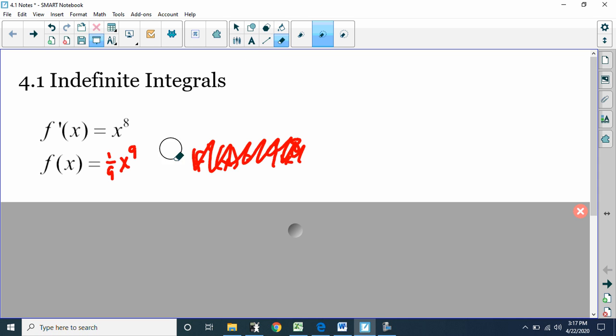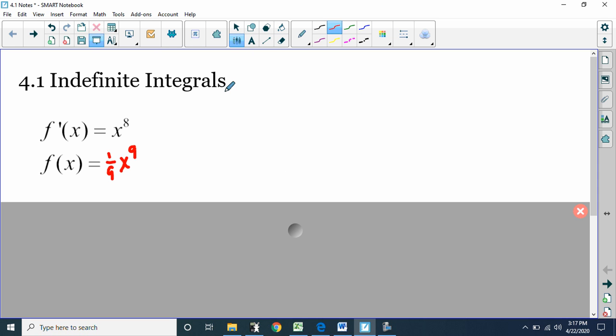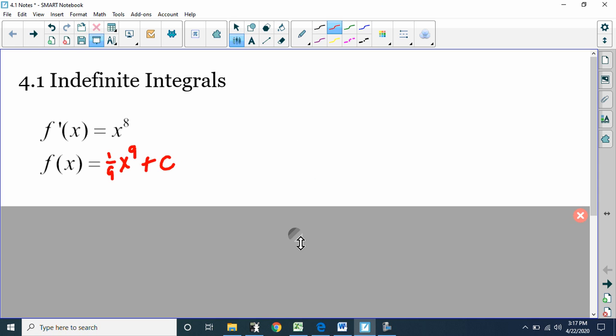So 1/9 x to the 9th plus any constant would have a derivative of x to the 8th. We write any constant as plus c. That constant could be 0, and it could just be 1/9 x to the 9th. The constant could be -2, and so on.